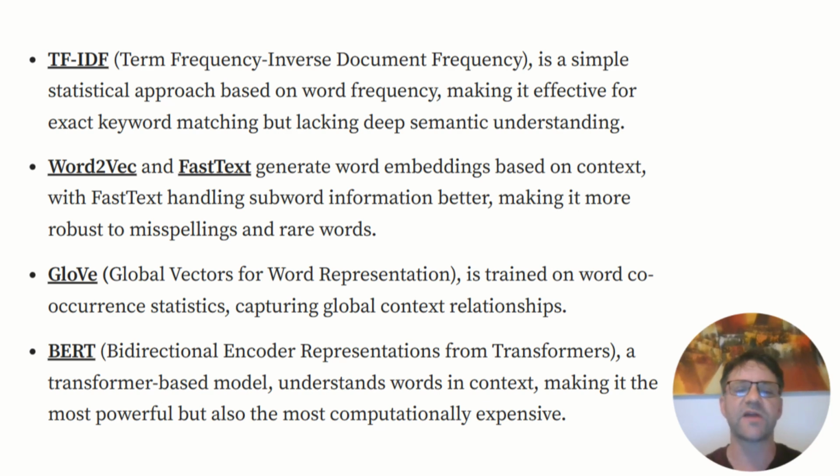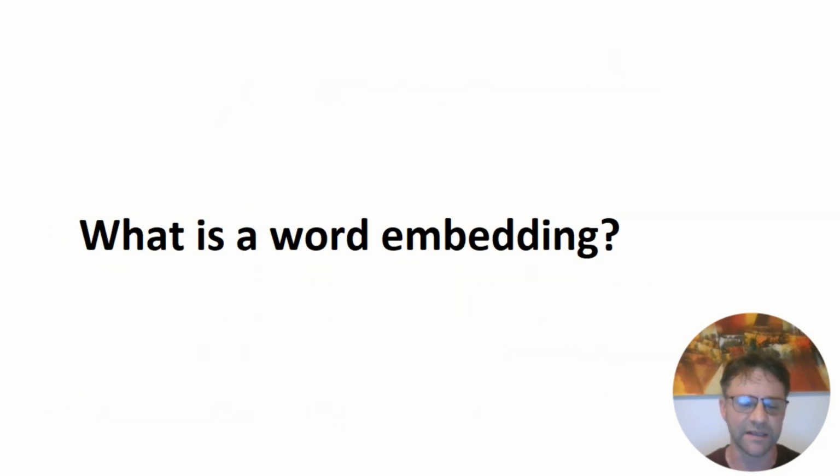So we use those models to create a cosine similarity, and to really understand what that means, we have to go over a little bit of what a word embedding is.